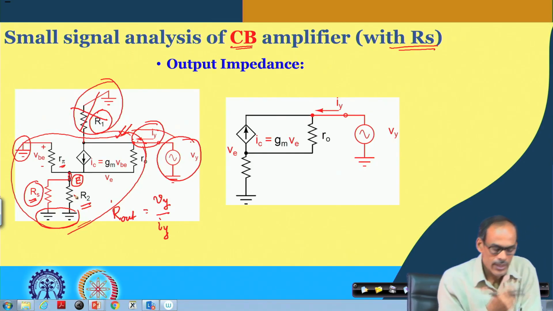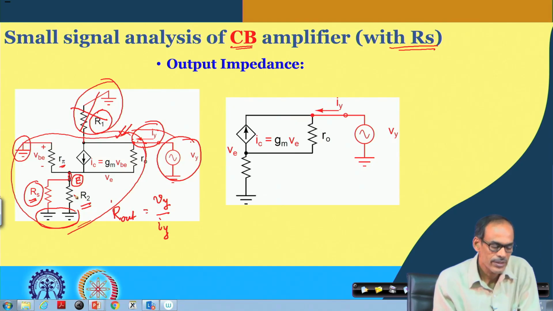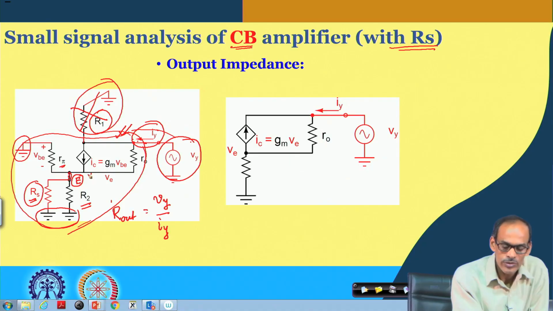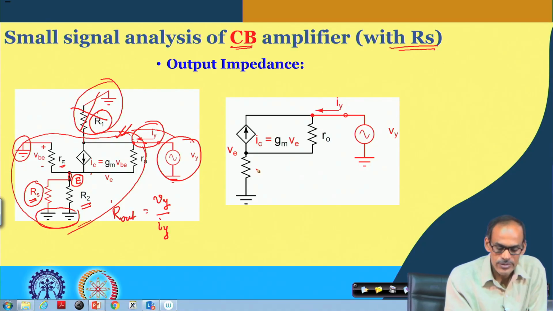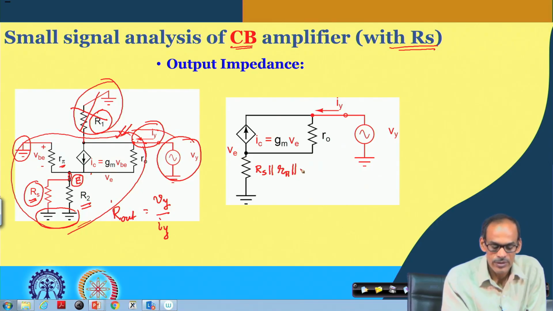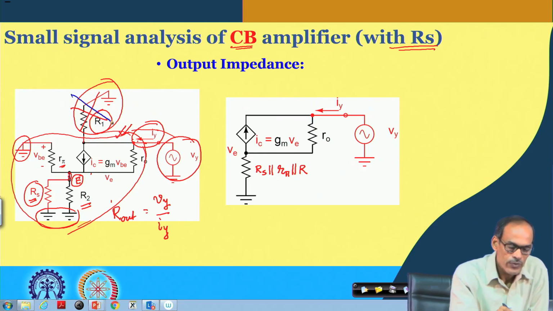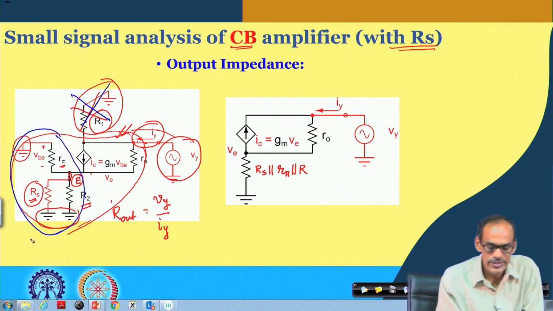So, all of them are in parallel, and equivalently, from the emitter node we have a resistance which is R s in parallel with R pi in parallel with R 2. In summary, if we drop this part and club these three resistors into one, the corresponding circuit becomes very simple, like this.